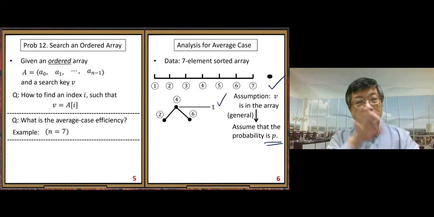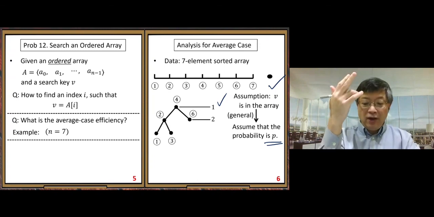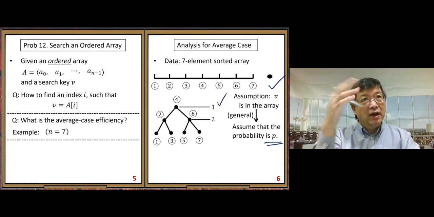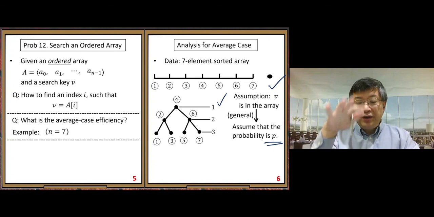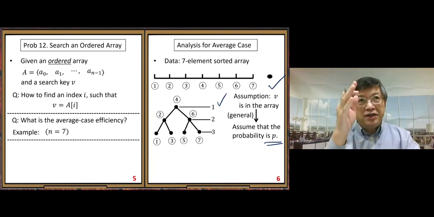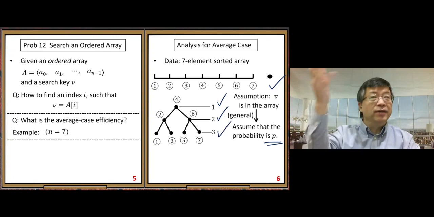For these 2 nodes, we need 2 comparisons, and so on. Then 1 and 3, 5 and 7, at the next level, we need 3 comparisons. So the 7 cases are organized in 3 levels.